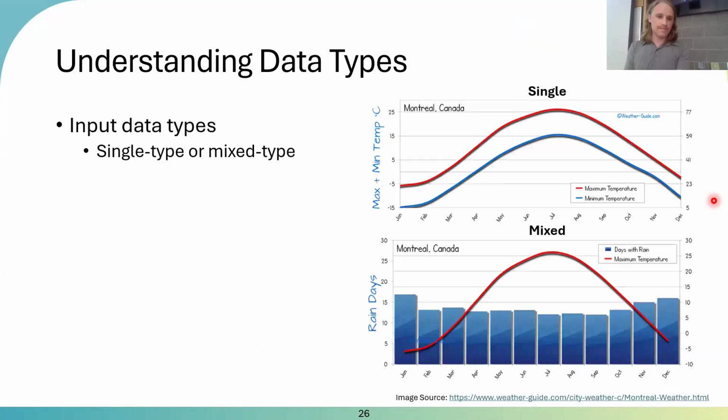Okay, all set? Another consideration that I like to bring up when talking about how we create models for different types of data is what form the data we're inputting into our model might take, especially if we're considering multiple variables.